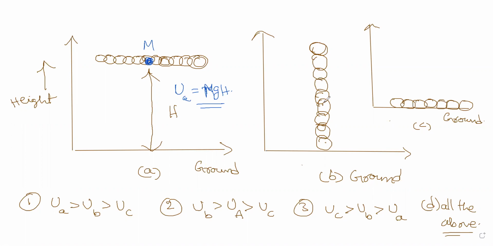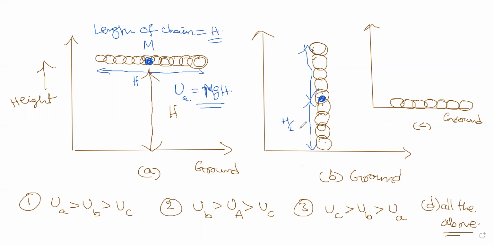Now coming to the second case, the mass of the chain will be exactly at the center of mass, which is midway. Suppose the length of the chain is also h. We assume the chain length to be h, then only is it possible to solve this. So the center of mass is lying at a height of h by 2.